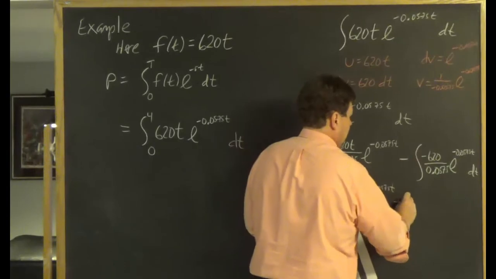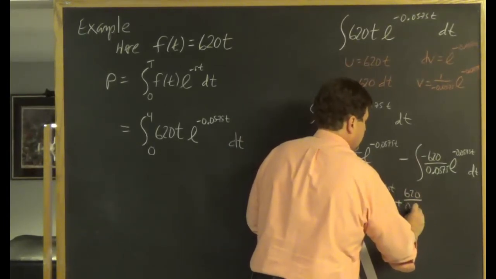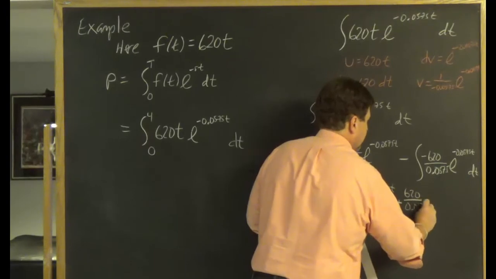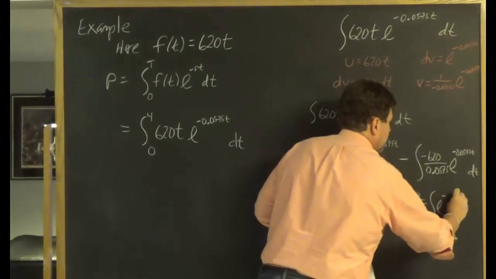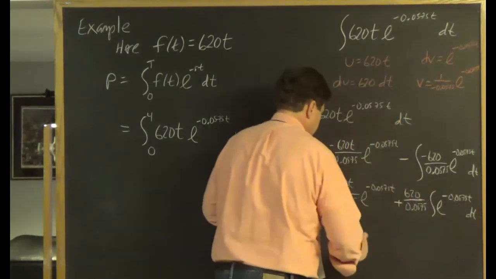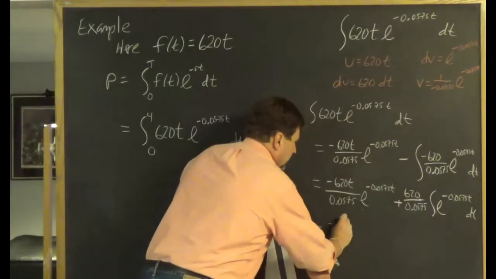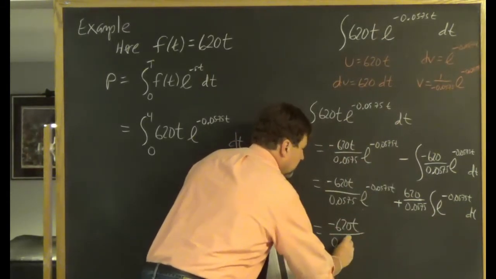So that's plus 620 over 0.0575 times the integral of e to the negative 0.0575t dt. So we're almost there.